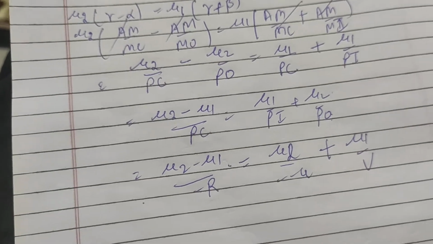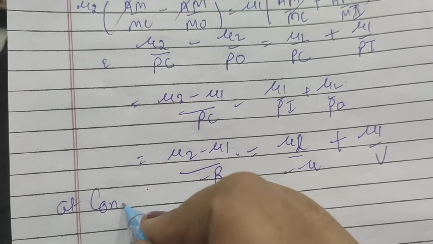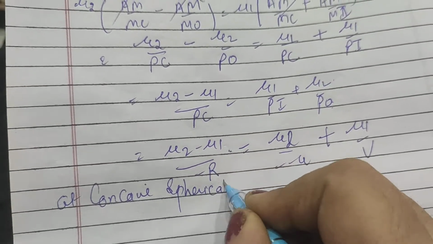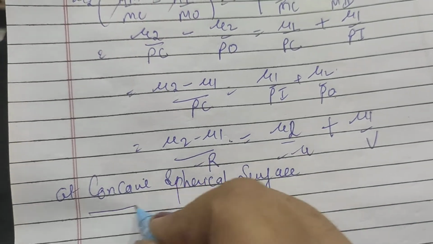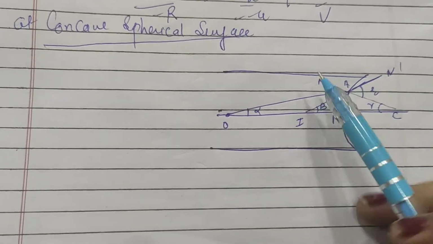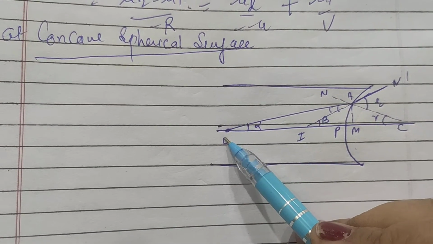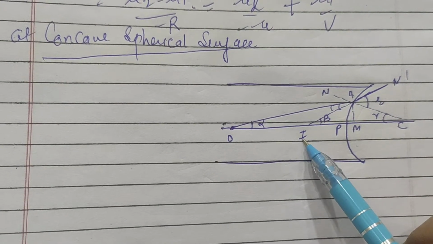Now we can have the derivation for the concave spherical surface. At the concave spherical surface, the steps will be the same, so just focus on the diagram. Here is the concave spherical surface; the object is lying on the denser side and the image is also formed on the denser side.